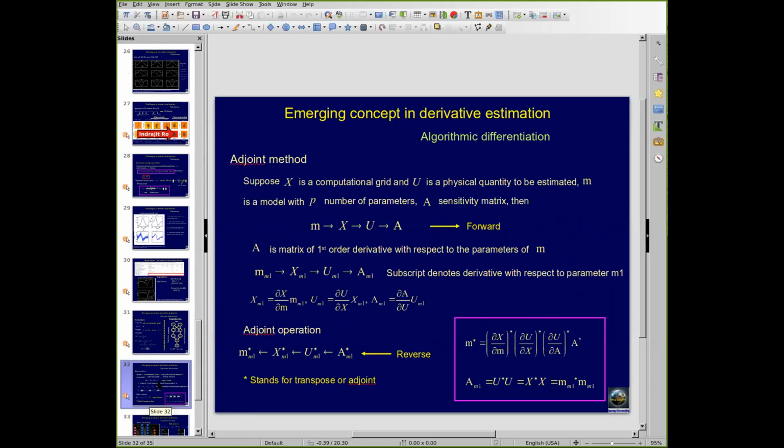Then, if you have a model, say M with P parameters, you go to X, you compute U, the physical quantity, and you want to have A, an operator, which is basically the sensitivity matrix or the Jacobian. So you can go this way for a part. M1 is, say, the derivative with respect to model parameter M1.